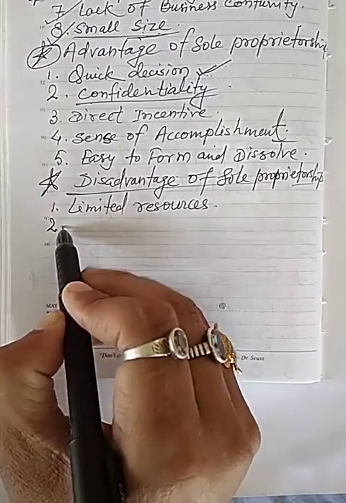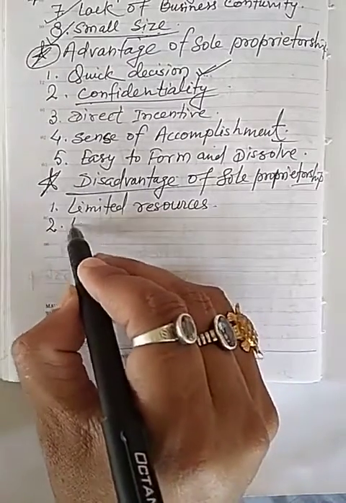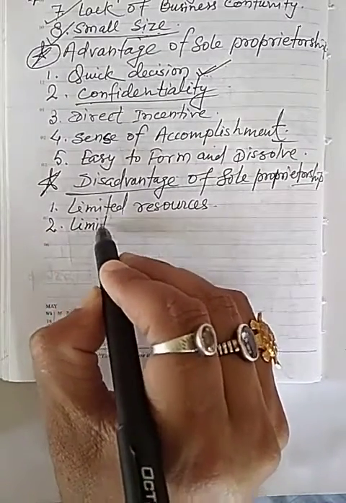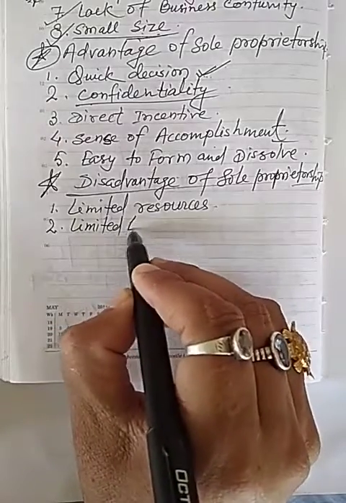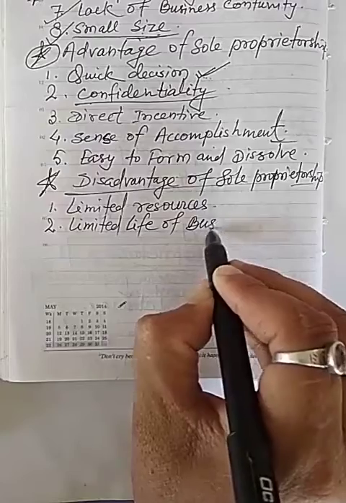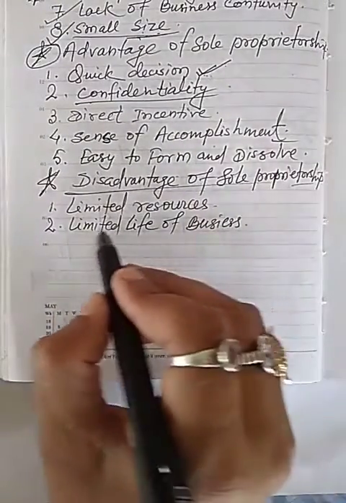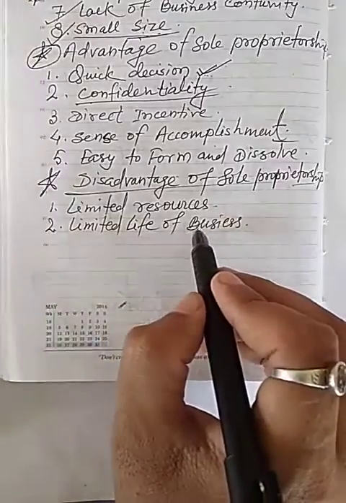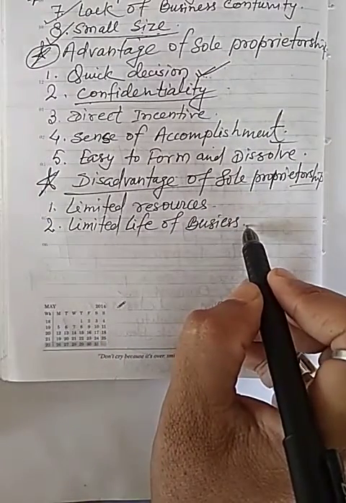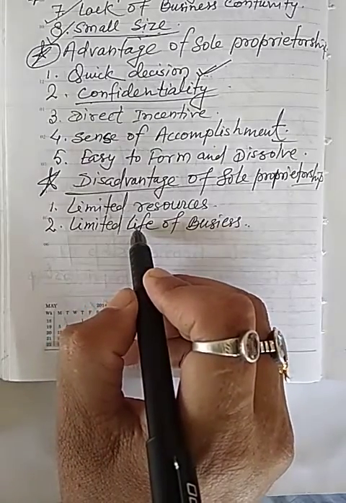Now, second is limited life of business. The survival and continuity of a sole proprietorship firm depend upon one person only.